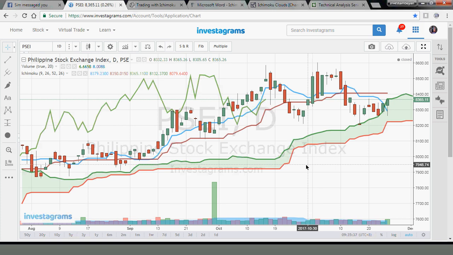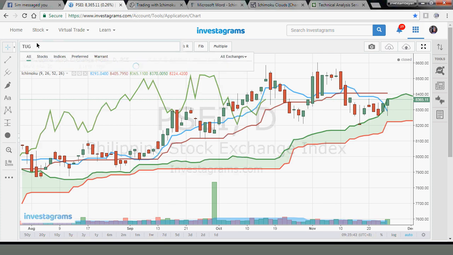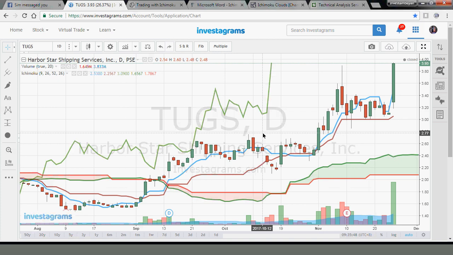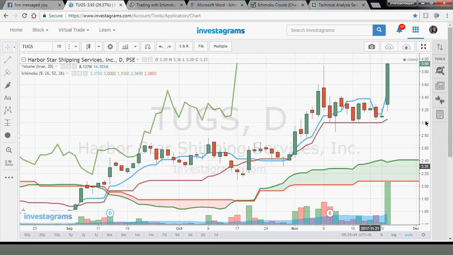So, paano natin magagamit si Ichimoku with regards to the price movement, paano tayo makakabili nito? So you have to really take note of this. When the price is above the cloud, nakikita natin dito kung nasa taas siya, stock is bullish.